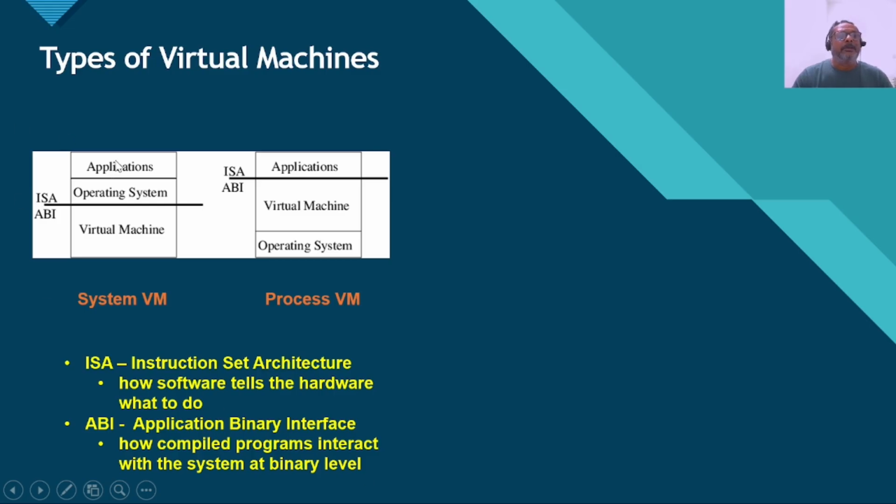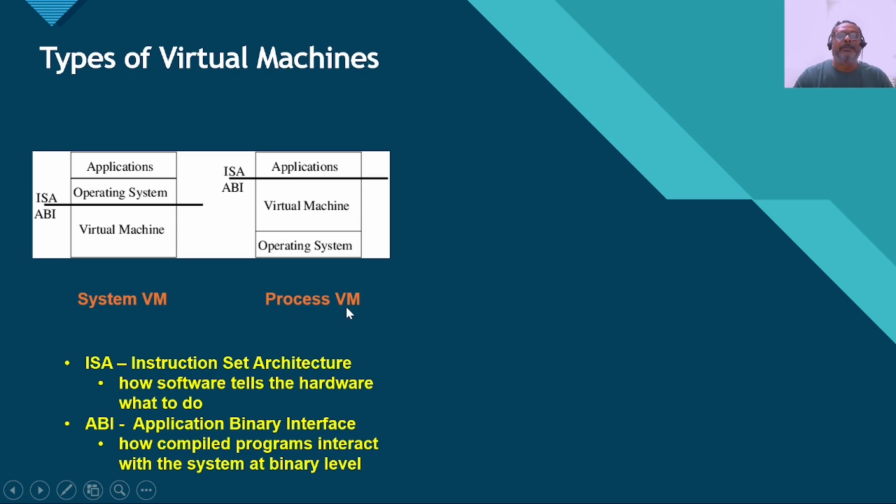So here at the system VM, what happens is the compiled program of any application is interacting with its own operating system defined for the user, and that operating system is interacting with the virtual machine.